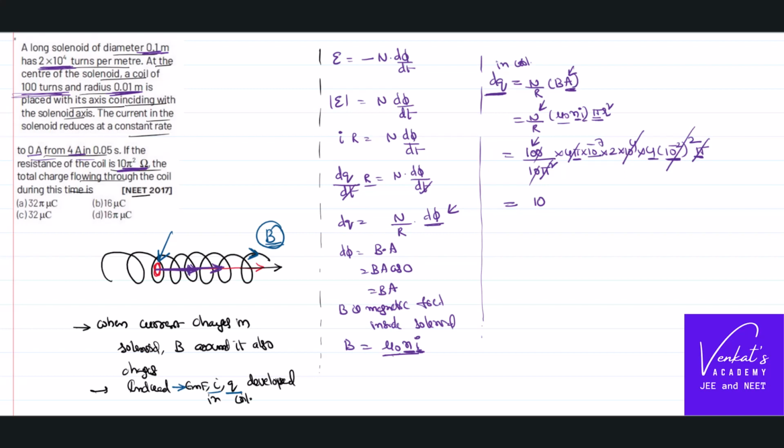In the numerator, we have cancelled only the pis. The 4 is not cancelled, so that 4 is there, 10 power minus 7 is there, 2 is there, and this 4 is also there. Everything else is cancelled. So 4 times 4 is 16, and 16 times 2 is 32. 10 into 10 power minus 7 is 10 power minus 6. So the answer is 32 microcoulomb. Finally you got the answer, 32 microcoulomb.